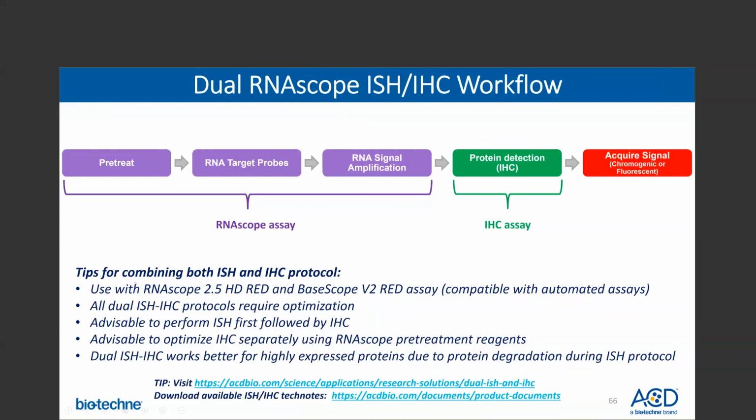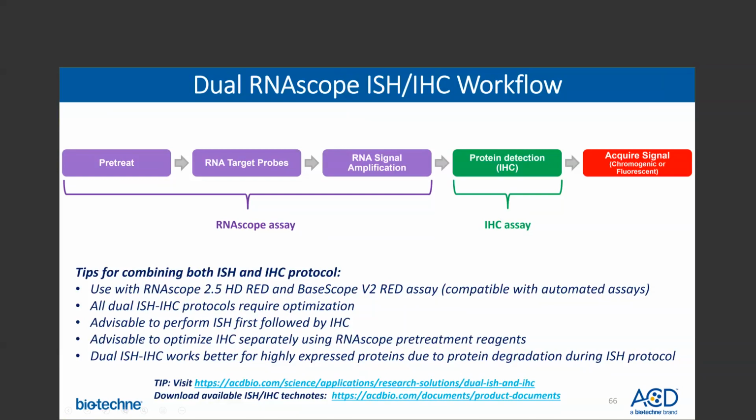Some of the tips for this dual ISH-IHC combination: it's only compatible with either the RNAscope 2.5 HD Red or BaseScope V2 Red assay. It's also compatible with the automated assays for the Red assay, but it's not compatible with the Chromogenic Brown or the Duplex assay. All of these protocols would require optimization, and as I said, perform ISH first.